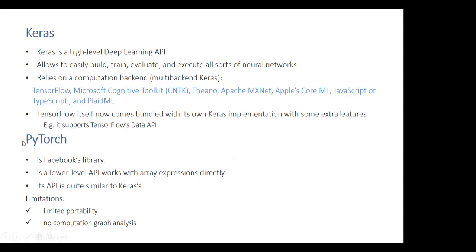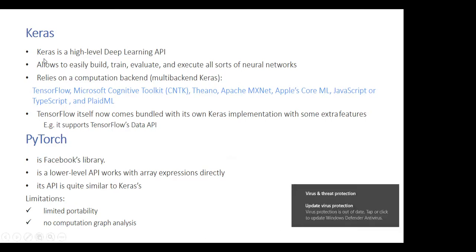PyTorch is somehow similar to Keras. It is Facebook's library, but PyTorch is a lower-level API which works with array expressions directly, and it's somehow hard to use in comparison to Keras.